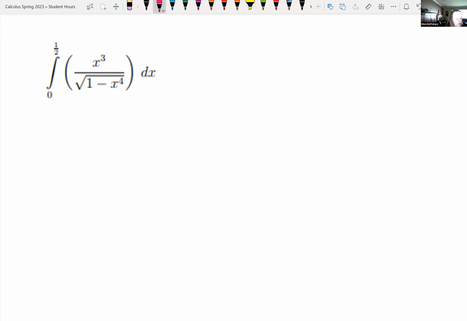I know I'm going to have a problem when I integrate anything with a radical and I have more than one term underneath. And so I'm going to choose my u to be this 1 minus x to the 4th. So I need to figure out what dx is.